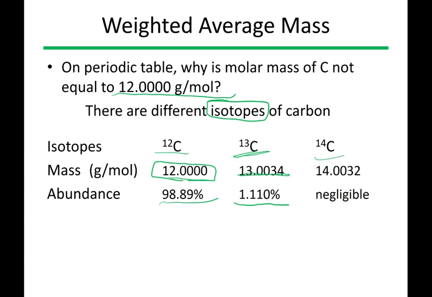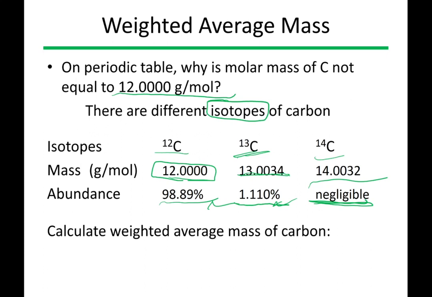And then we also have carbon-14, which is detectable, but it's in very trace amounts, so not within this amount of sig figs, and it has a mass of 14.0032 grams per mole. And so what we can do is calculate the weighted average mass of carbon. And to do this, we can take the abundance, convert it into a ratio, and take the mass of each species.